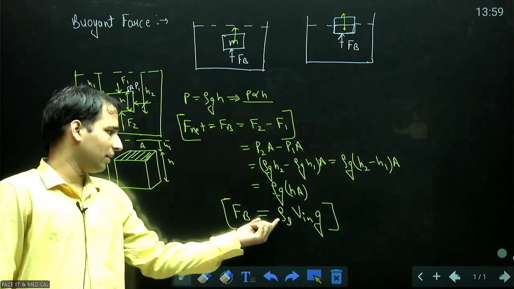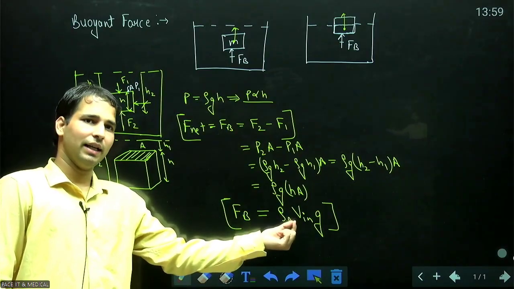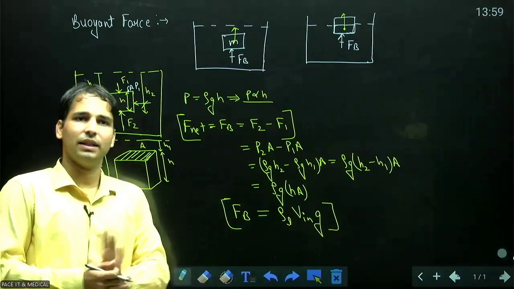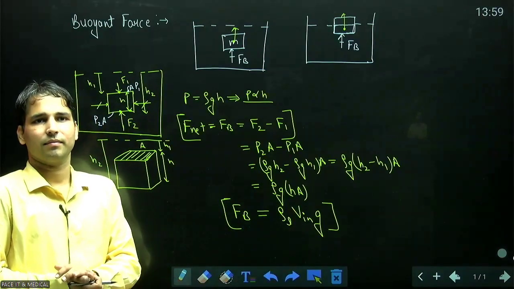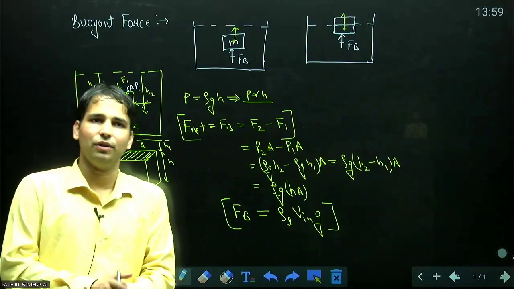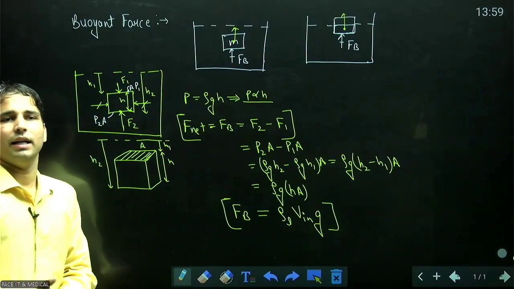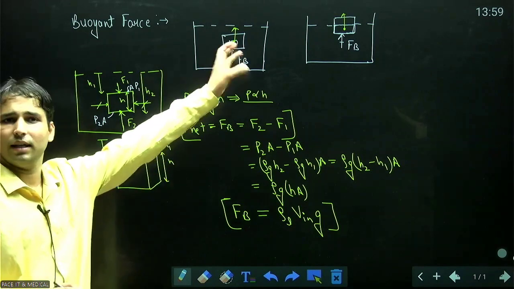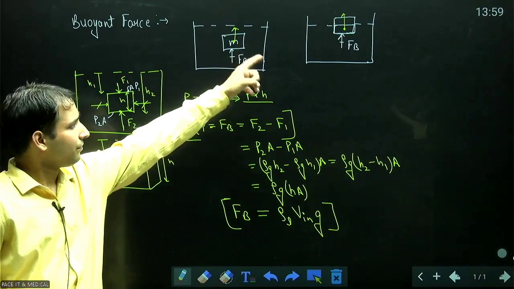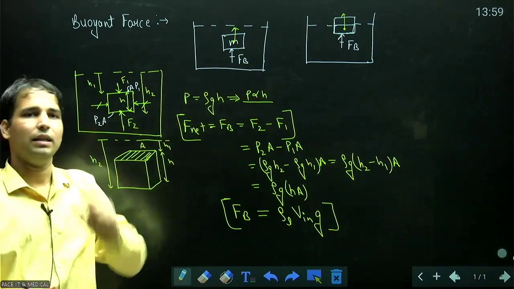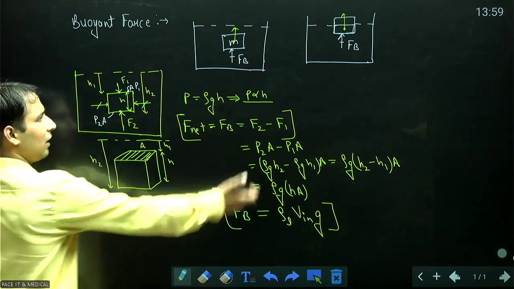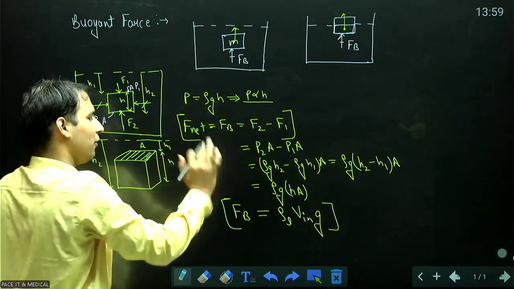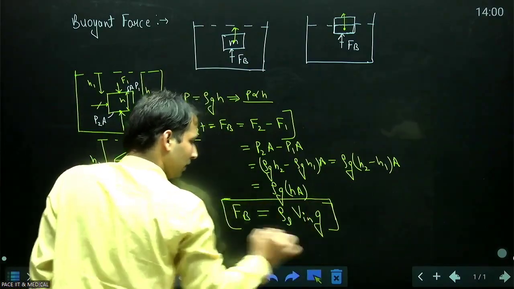We can directly write the density of liquid, the volume of the object which is immersed, and gravity. This will give the value of buoyant force, and we know it is vertically upwards, and it acts at the center of gravity of the displaced liquid, or rather the center of gravity of the immersed portion, right? This is valid for all the cases. Either the body is partially immersed or completely immersed, the buoyant force will be this much only.